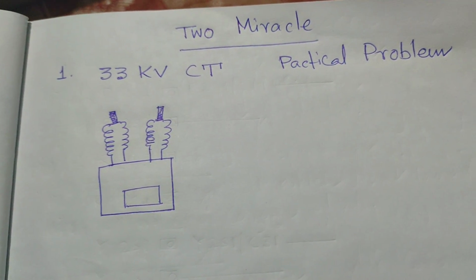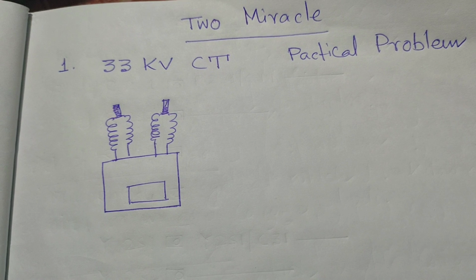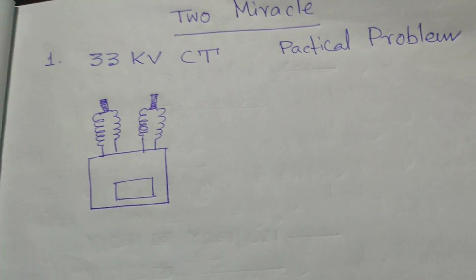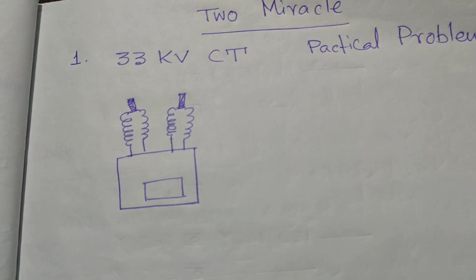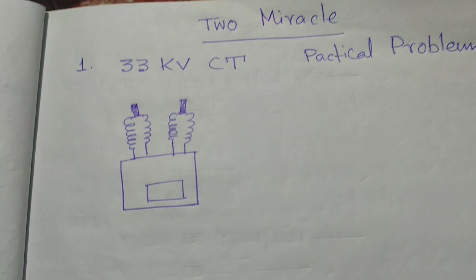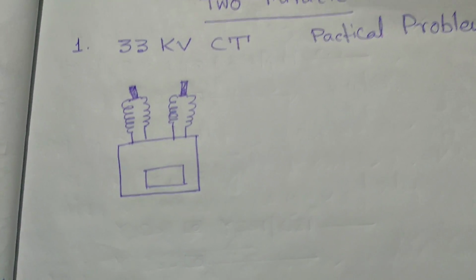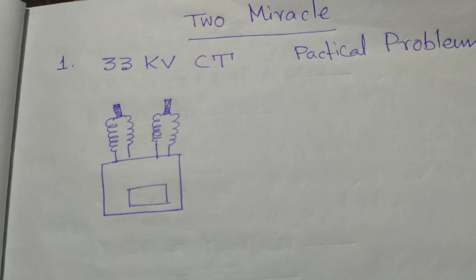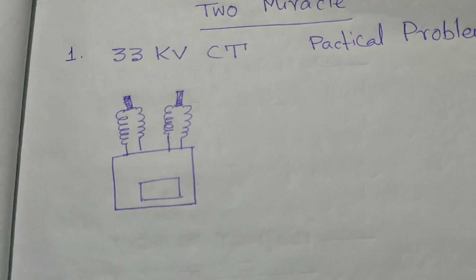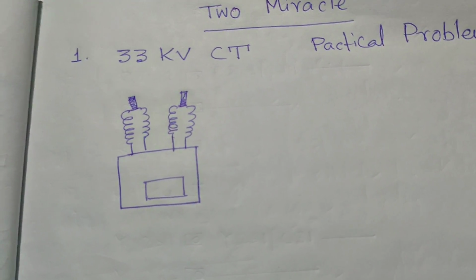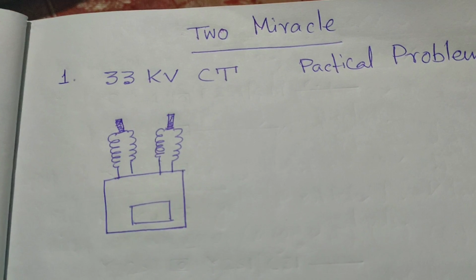After charging, the total bay was in charged condition and the total outgoing bay was going out through an A-frame cable, a 7.5 kilometer cable from the substation's bay to the consumer bay.